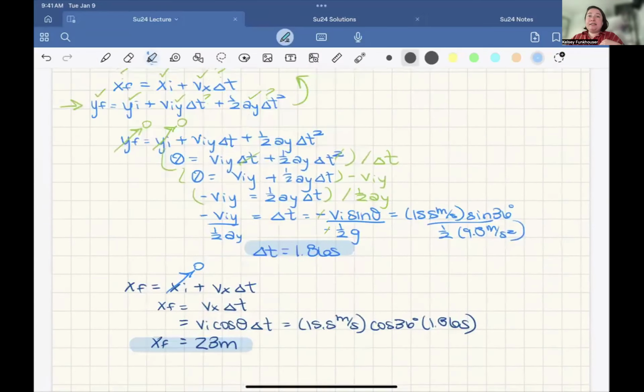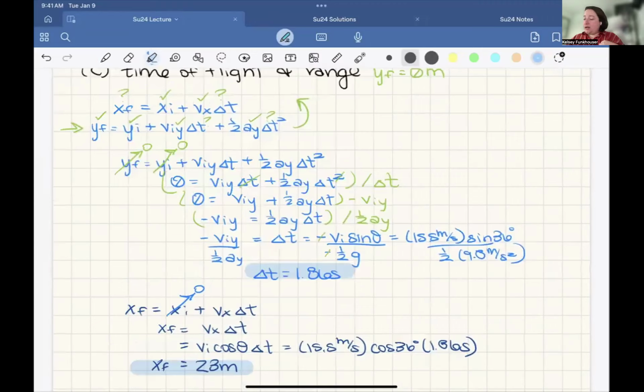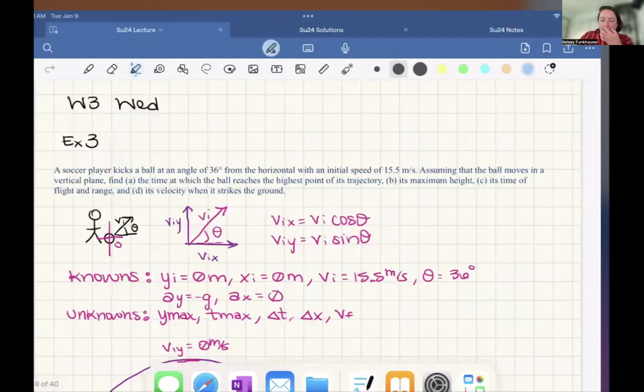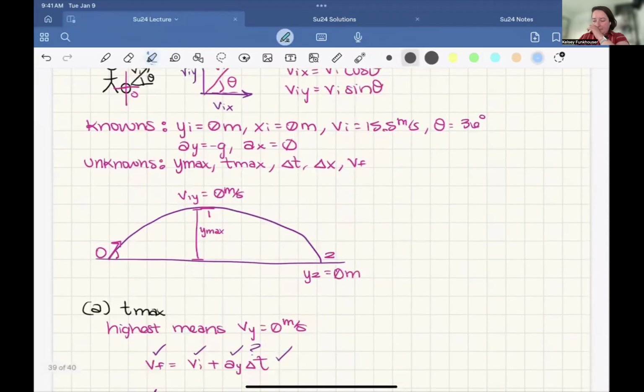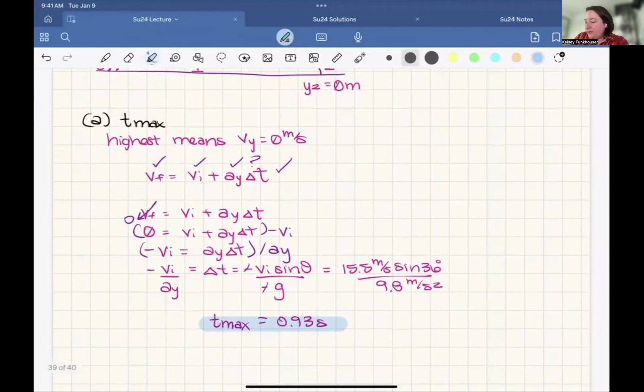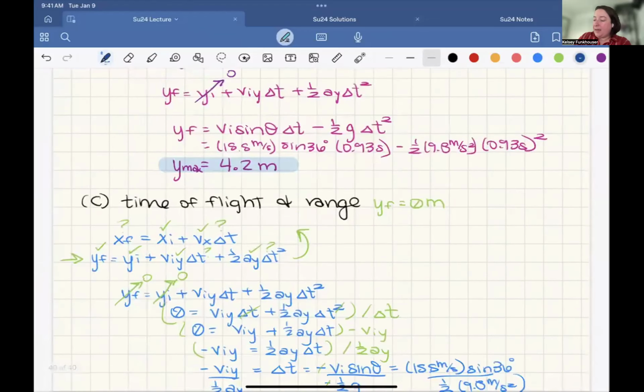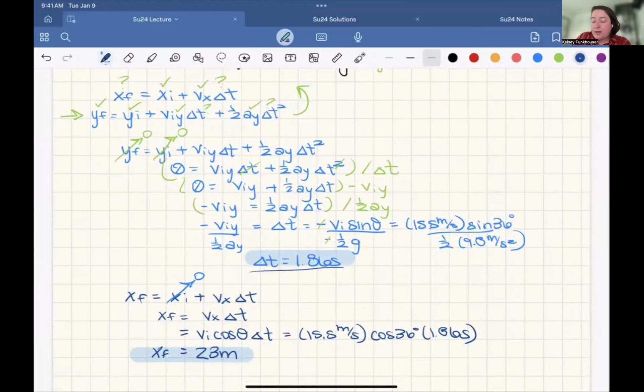That's C. And then part D asks us for the final velocity. I do want to point something out for you though, to make it faster the next time you do it. If you look, the time to maximum height is half of the total time. So that is not an accident.